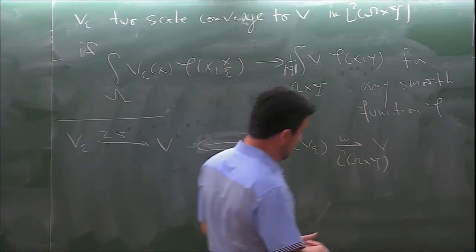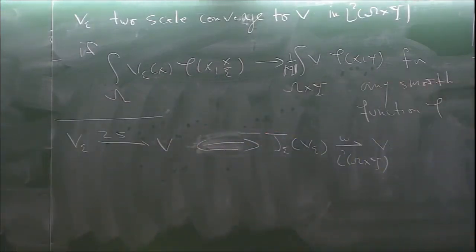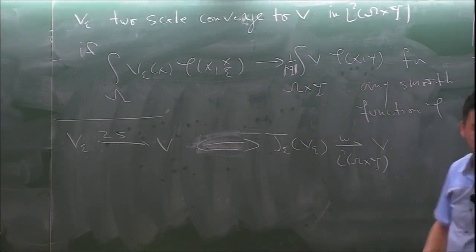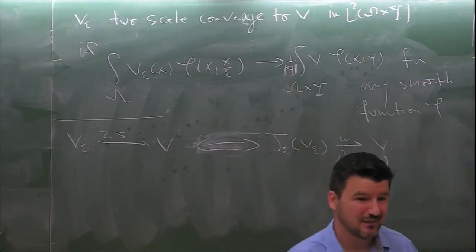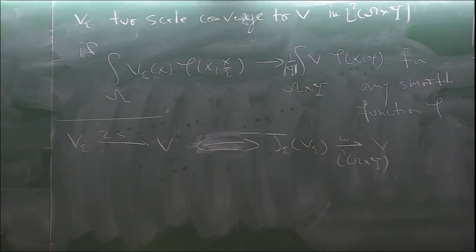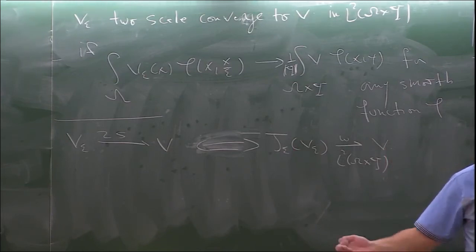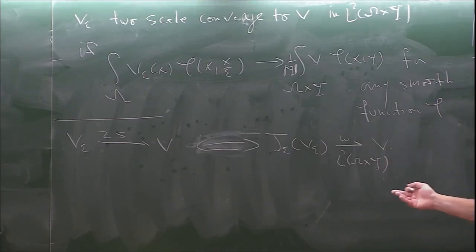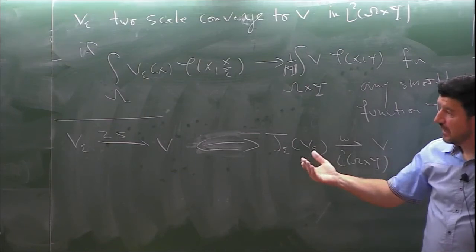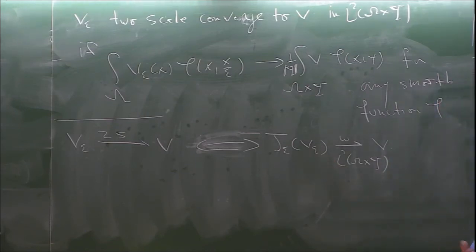Let's see how we prove this. How do you think we can prove this relation? Anybody? Let's see if you have an educated guess. I'll buy you a coffee. So how can we proceed? You know, you're trying to prove something. What tools do we have at our disposal so far?